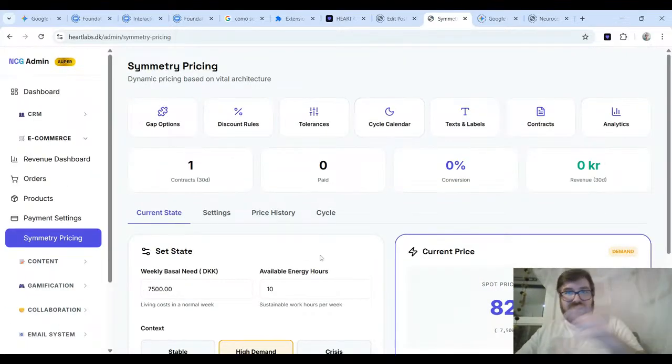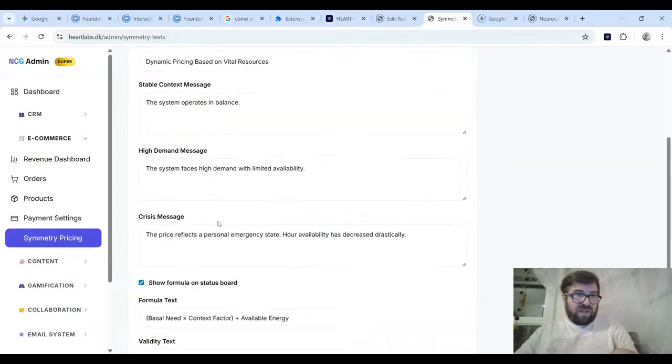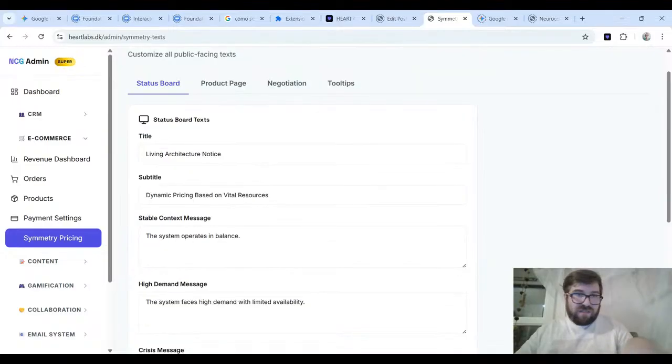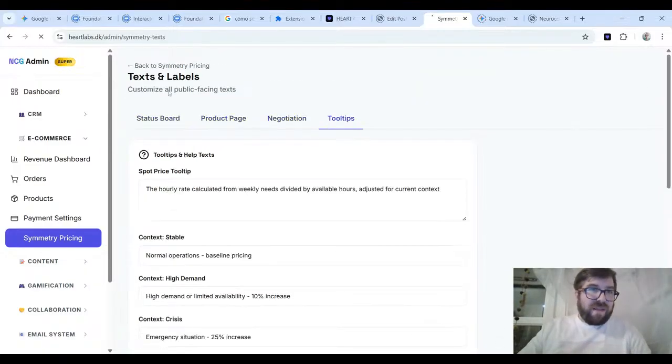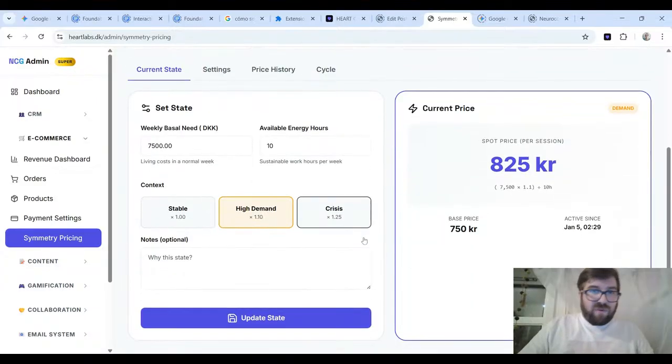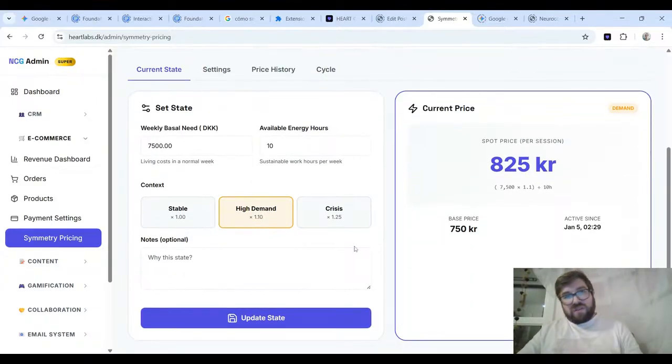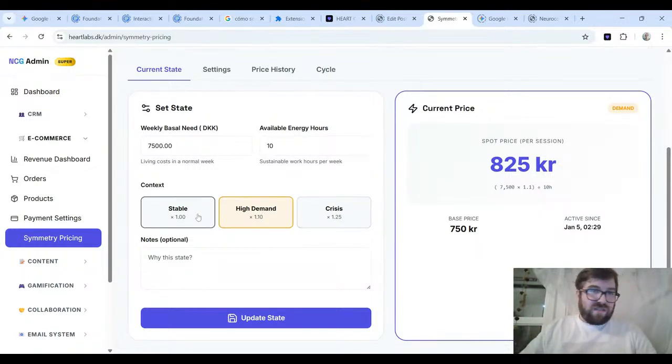Then of course you can change the text of some things. But the idea behind the tool is that on your side you say, I need this amount this week, and I have this many hours, and the context is, I'm not doing too well, or I'm stable.